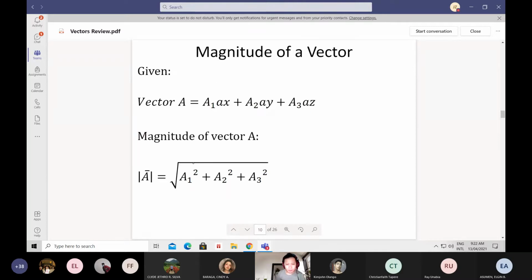Now, also we have the magnitude of a vector. So basically it's almost the same as the Pythagorean theorem, but there will be 3 elements in our magnitude.